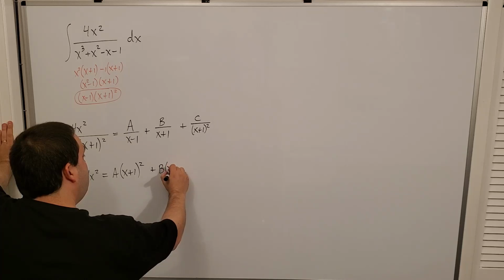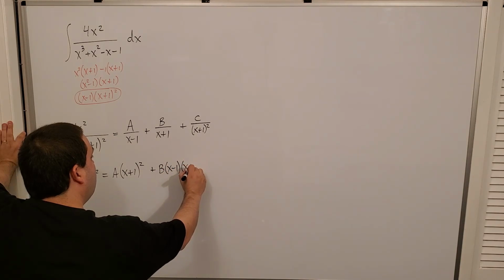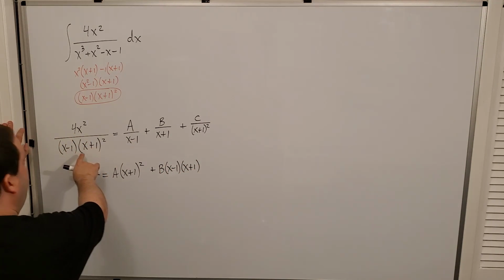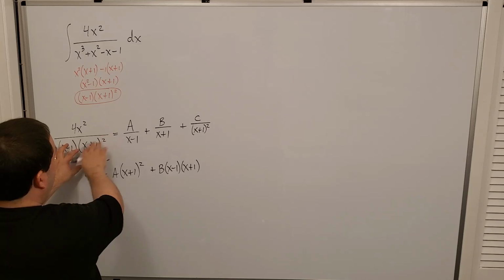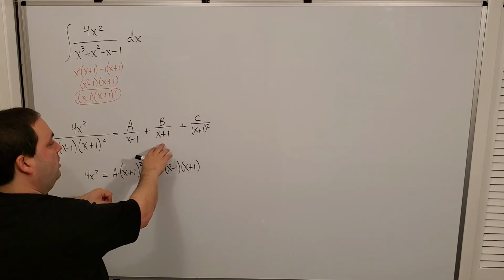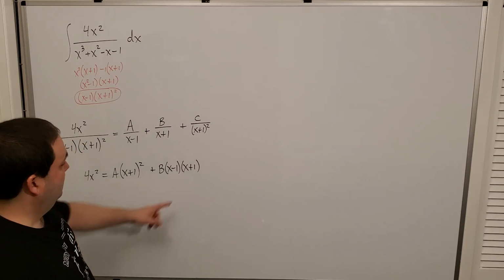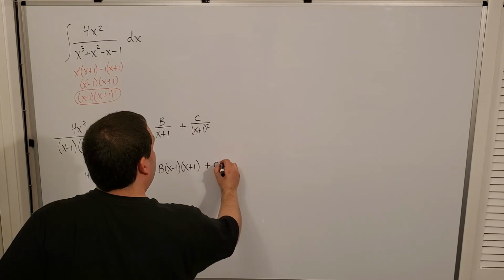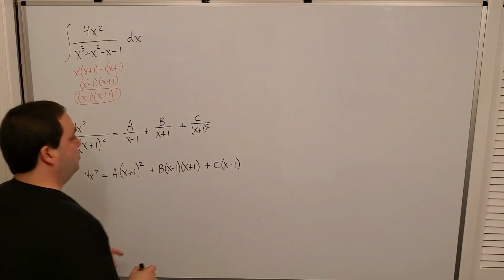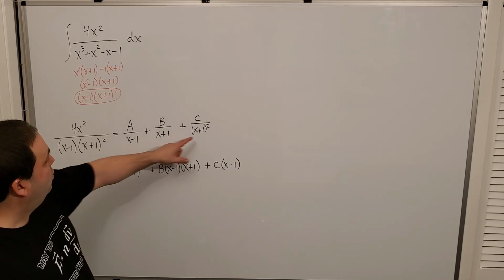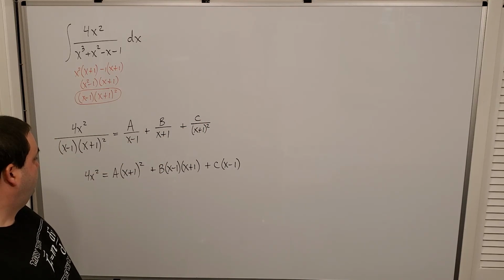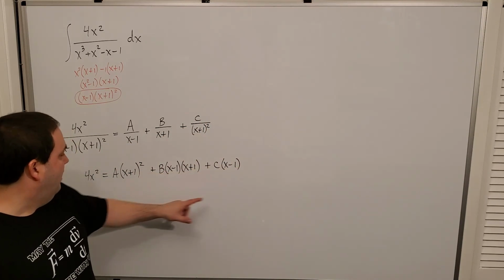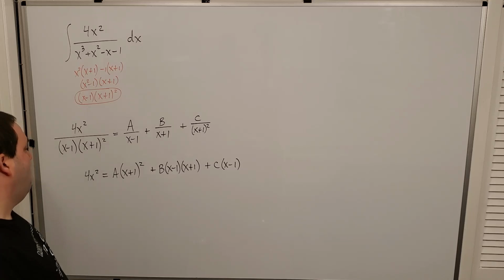So that means B has x minus 1 and x plus 1 when I multiply this, because it's going to have two of these x plus 1 factors, and only one of them is going to reduce. So I'm left with 1. And then when I multiply here, I'm going to have C and x minus 1, because the x plus 1 squareds will reduce. Okay, so then I've got this equation to worry about.